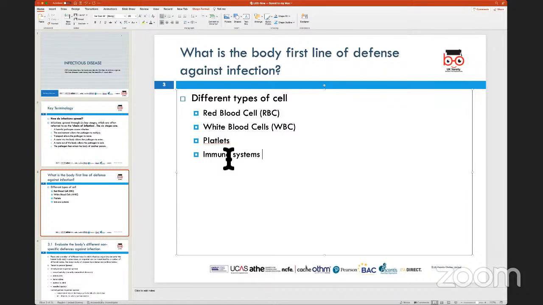Obviously, the skin has hair on it, and the hair follicles and their secretions make sure that the skin is not getting infected by any germs or infections which could try and enter the human body from outside. So skin tends to be the first line of defense as far as the human body is concerned.